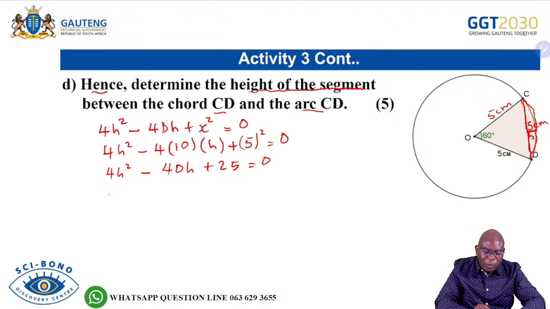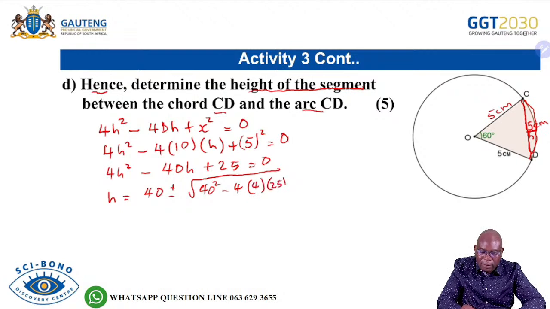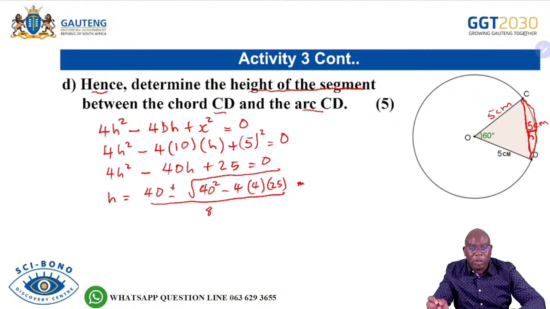So I can use my quadratic formula here. The b is going to be minus into minus 40, which is 40, plus minus the square root of 40 squared minus 4 into 4 into 25, divided by 8, because that will be 4 times 2, which is 8.